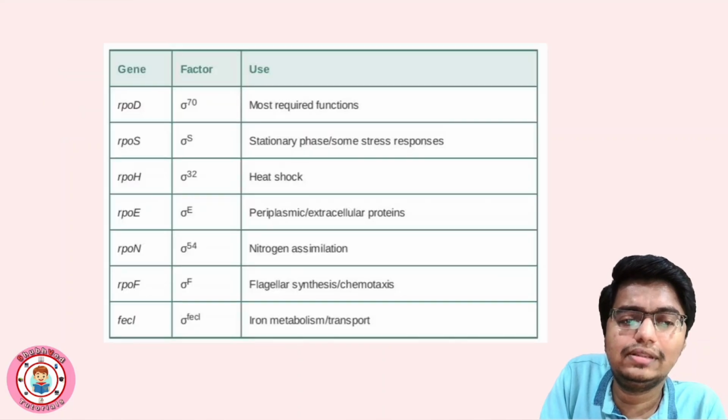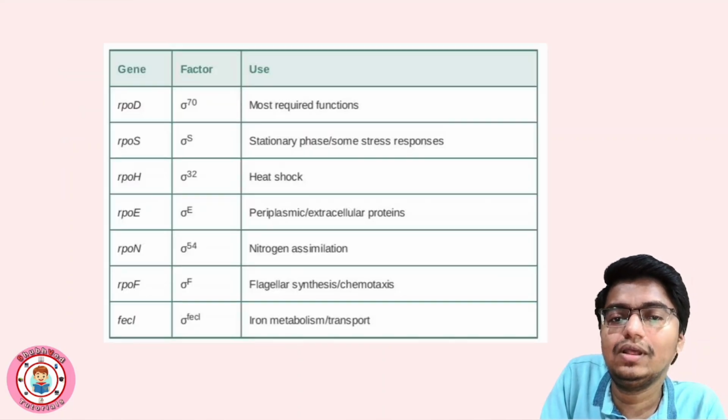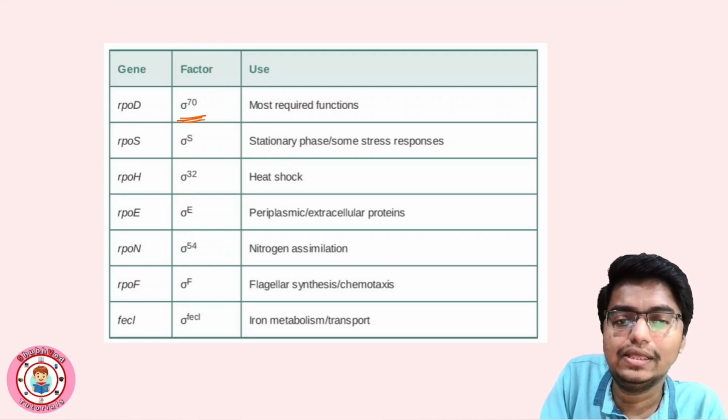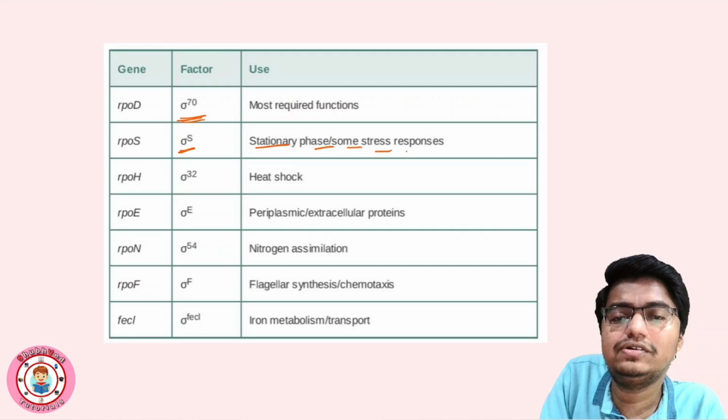So there is a list of the sigma factors. Sigma 70 is the main sigma factor, for proper promoter binding with specificity. Then sigma S is for stationary phase and stress response.